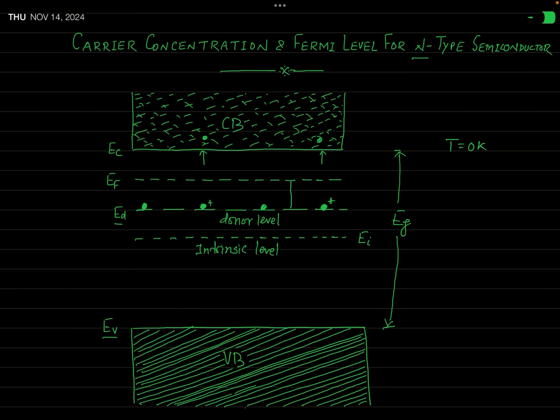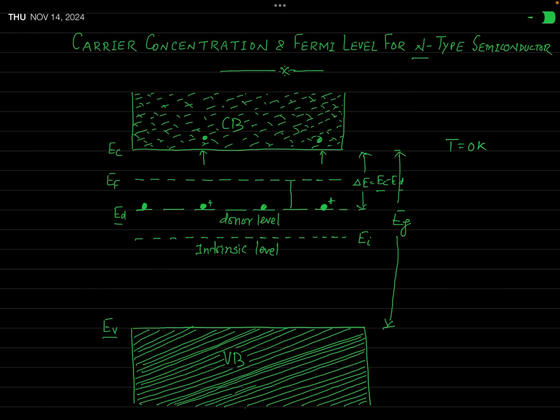The minimum energy needed for this ionization will be equal to what? This will be equal to EC minus ED. So when, due to thermal agitation, this much energy, EC minus ED, is gained by the atom in the donor level, then the electron will move from the donor level to the conduction band.